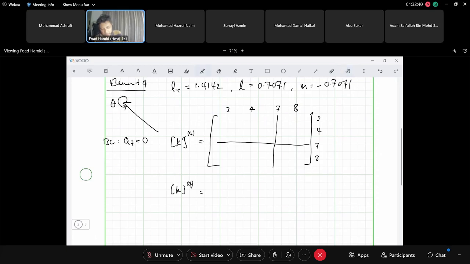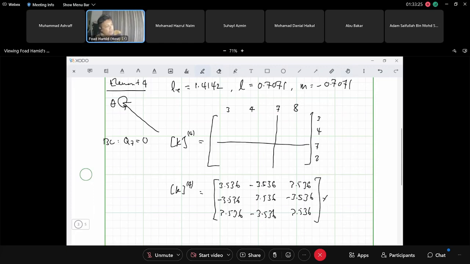K4 is now this: 3.536, minus 3.536, 3.536, minus 3.536, 3.536, minus 3.536, 3.536, times 10 to the power of 7.